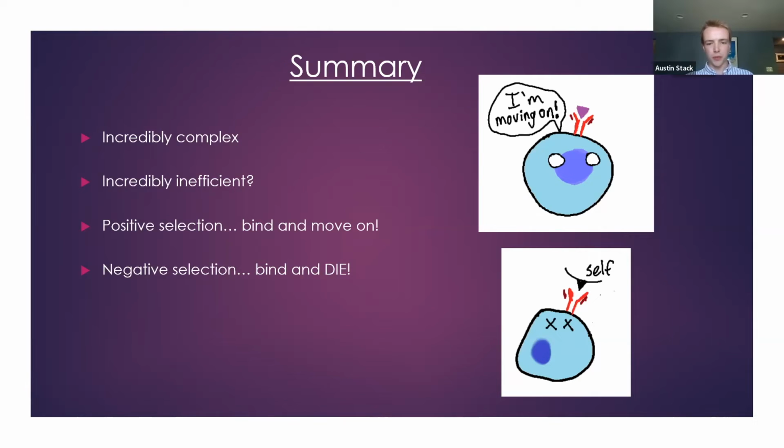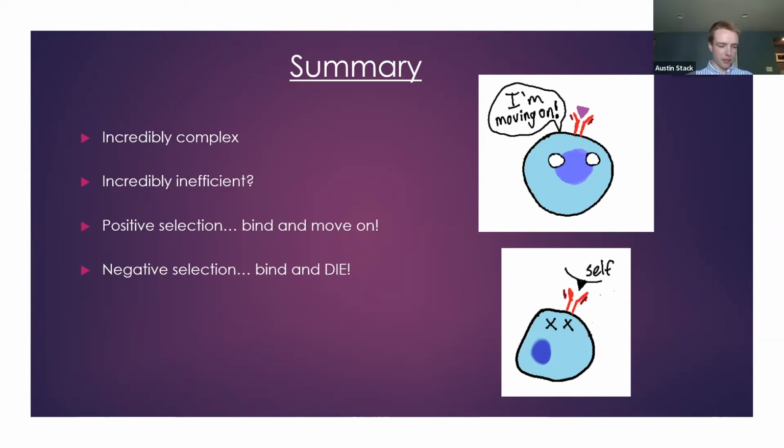So it's a real use of energy, but that is all to protect from autoimmune cells being released into the body, released from the bone marrow into the body. And the important things to remember are positive selection, basically bind and move on. And then there's also negative selection for immature B cells, which is bind and die.